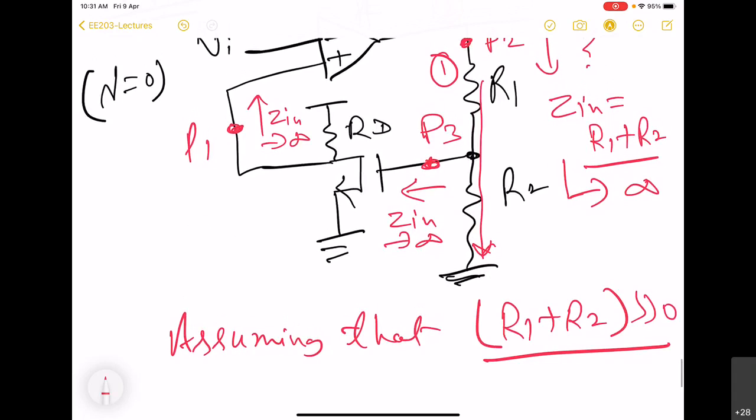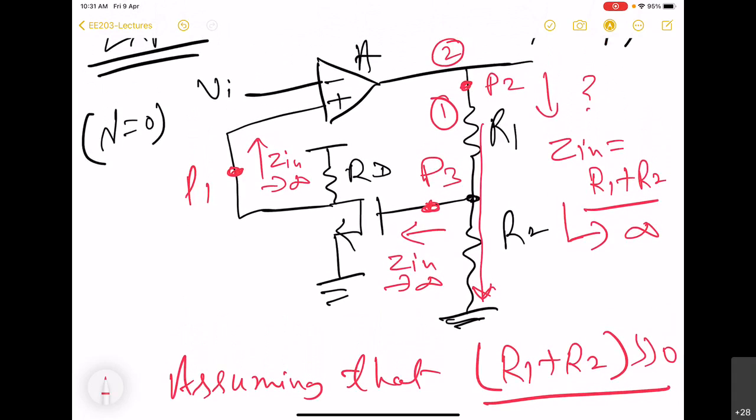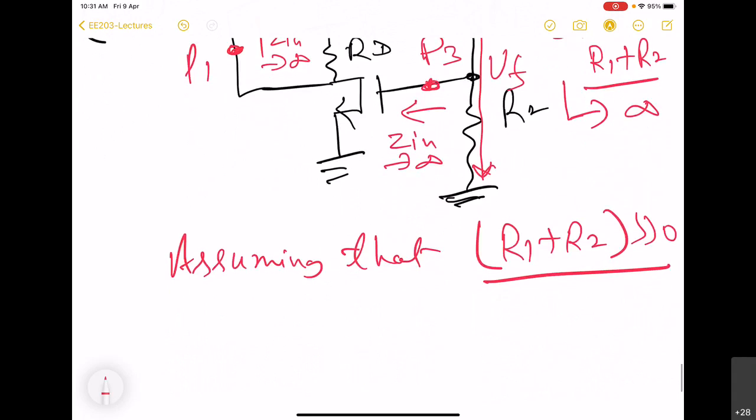This assumption can be made here, because the entire objective of R1 and R2 is to create this feedback voltage VF, and we know that VF is going to be decided by this ratio.